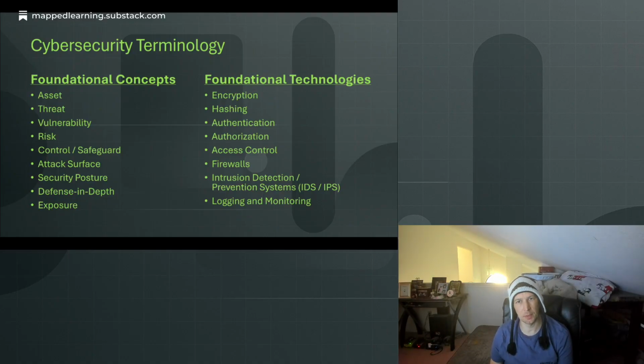On the right-hand side, we have technologies that either support cybersecurity directly or indirectly. Those are encryption, hashing, authentication, authorization, access control, firewalls, intrusion detection and intrusion prevention systems, also known as IDS or IPS, and then there's logging and monitoring. So I will very briefly cover each of these.